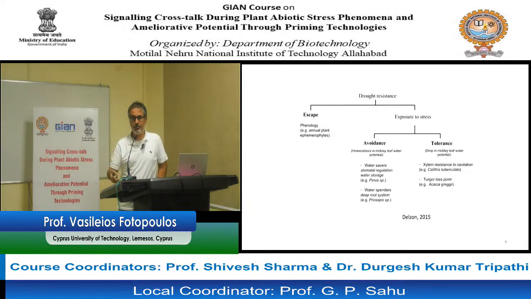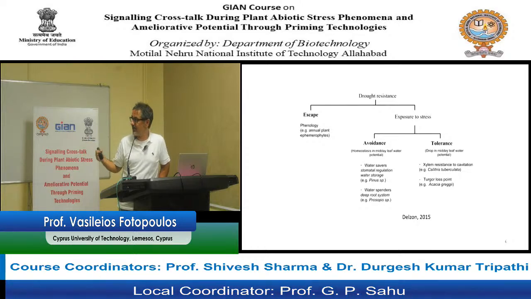But upon exposure to stress, you can have the concepts of either avoidance or tolerance to the stressor. In the case of avoidance, this is usually achieved through a status of homeostasis in midday leaf water potential.